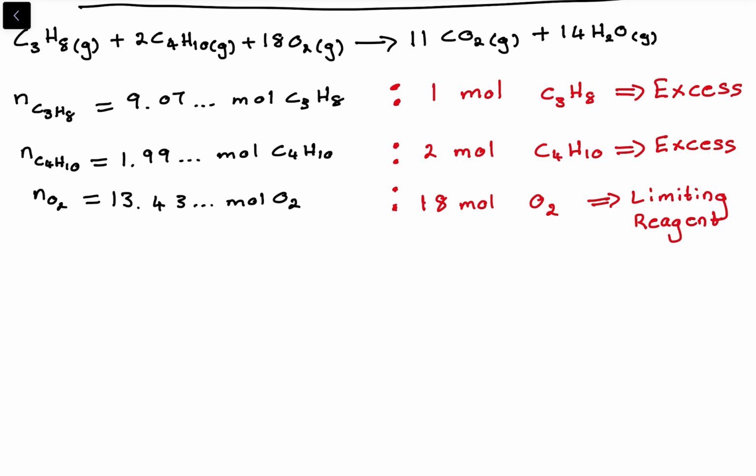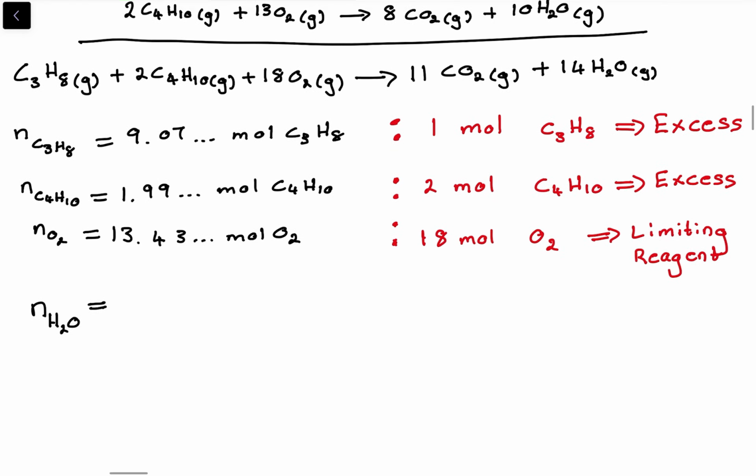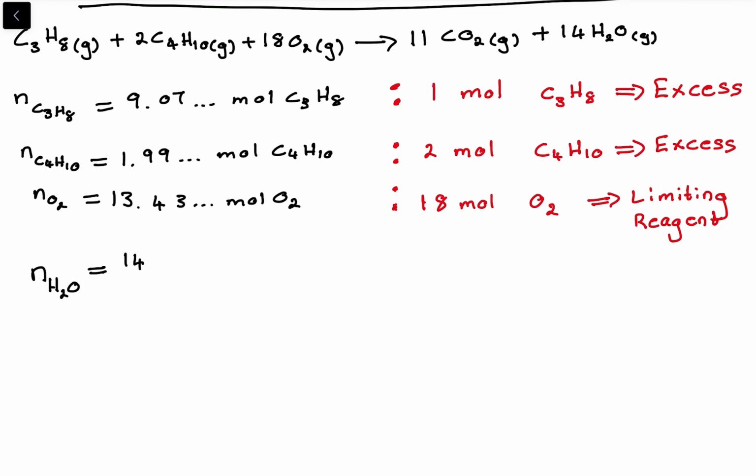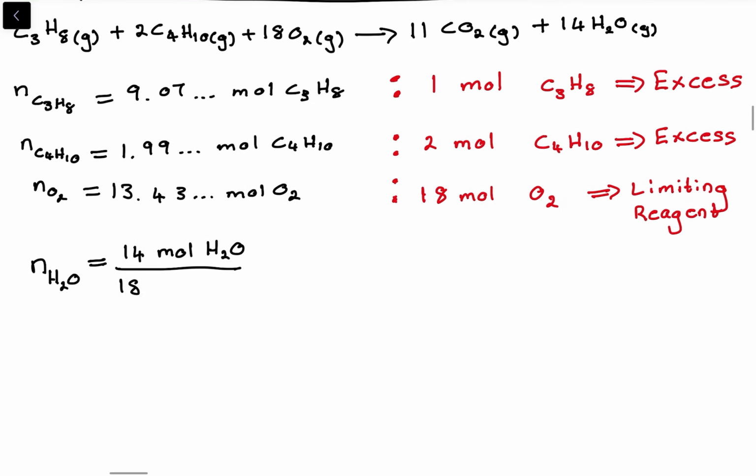Right, so the amount of O2 is going to dictate how much water will form and how much CO2 will form. I'm just going to do the water calculation because it gets quite tedious. There's a lot of videos on how to do this kind of thing. So to get the number of moles of water, we know from our chemical equation that 14 mole of water is formed for every 18 mole of oxygen that reacts.